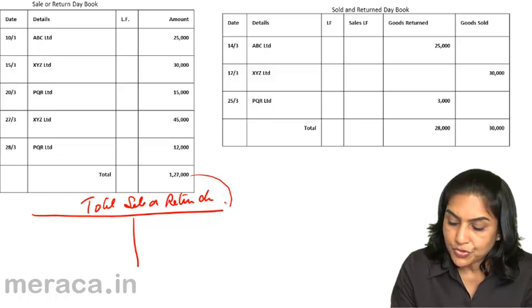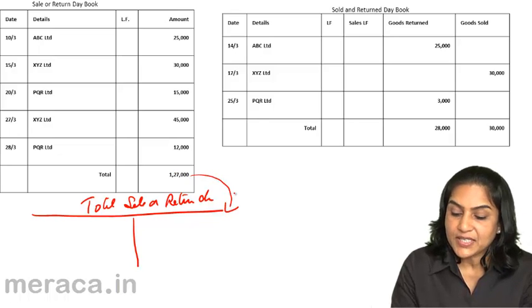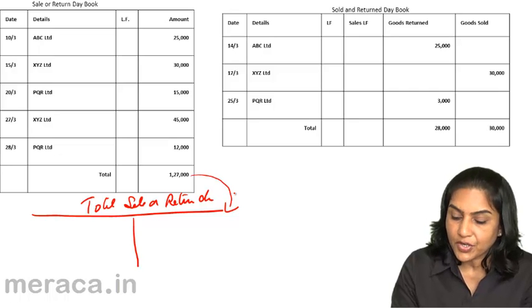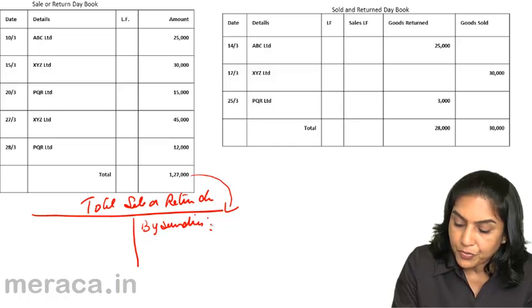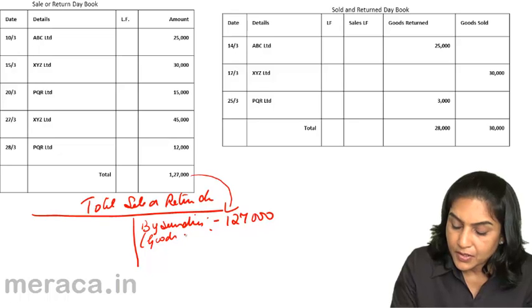this is posted to the credit, that is 1,27,000 total goods sent on approval by sundries. Goods sent on approval, an amount of 1,27,000.